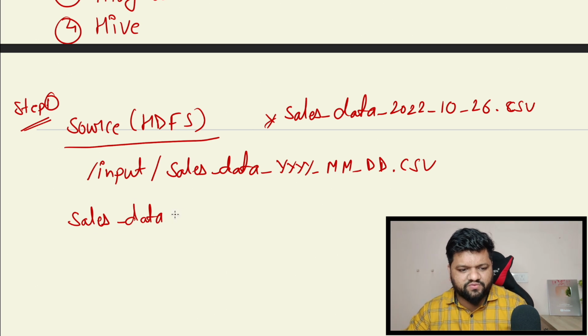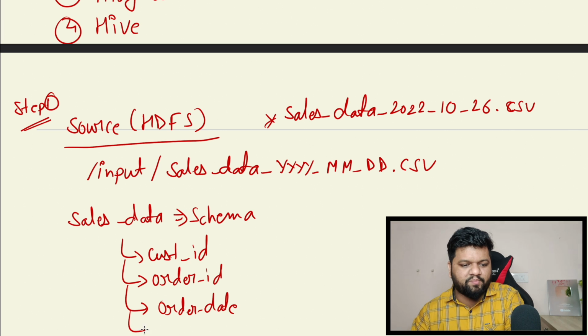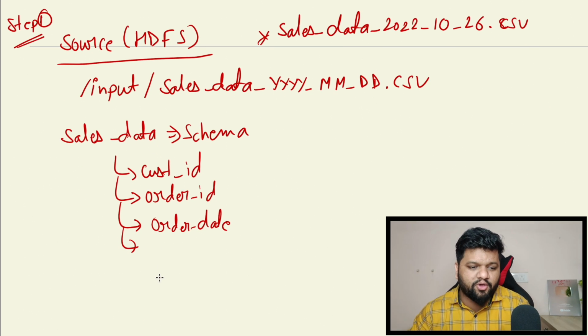The schema is very simple. It will have 3-4 fields. First is the customer ID, second will be the order ID, and third will be the order date. This is something you can create on your own. You can create an empty file, have these column names, and just write some random records by your own.